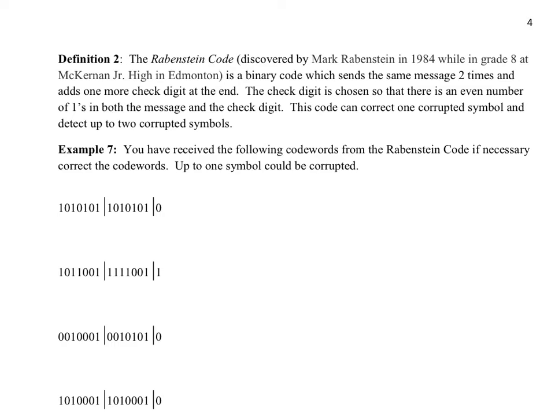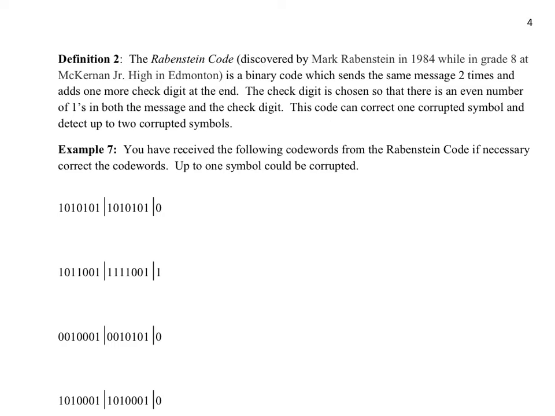Apparently, Mark Ravenstein put up his hand and said, why would you ever want to repeat things 3 times where you could repeat things twice and have one check digit to check which one of the two is correct? So from there, with a little bit of help, Mark Ravenstein published the Ravenstein Code.